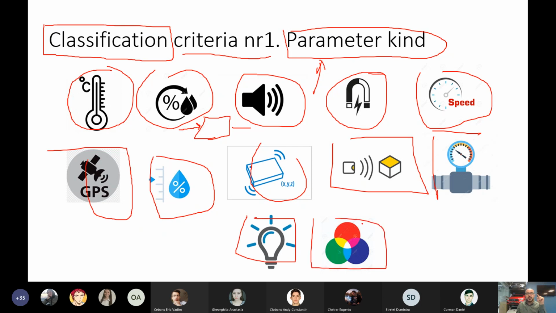Having, let's say, a matrix of color sensors, we can have a camera, and so on. This is not the full collection of the parameters that we can use.